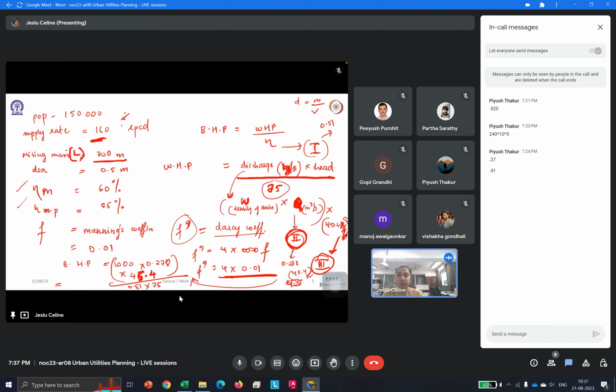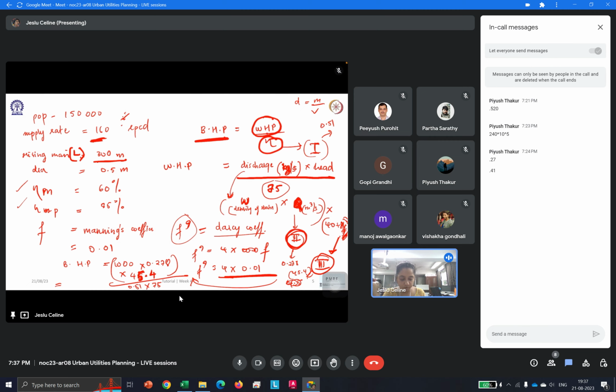Any doubts in this question? No doubts. Okay, let's proceed to the next question. I understand this was a bit lengthy, with multiple small parts which we solve separately and then put together. Just to recap, our intention was to find the brake horsepower, which requires water horsepower and efficiency.